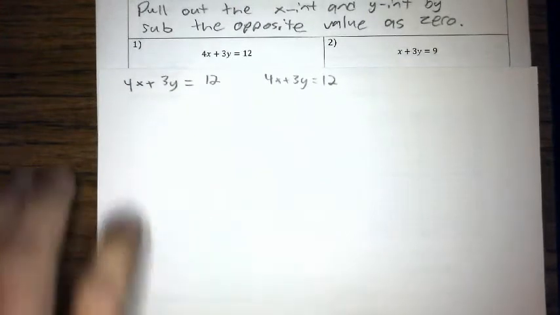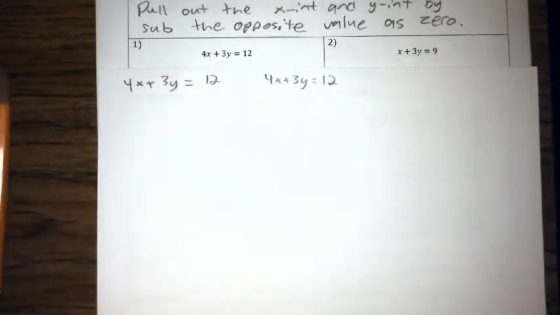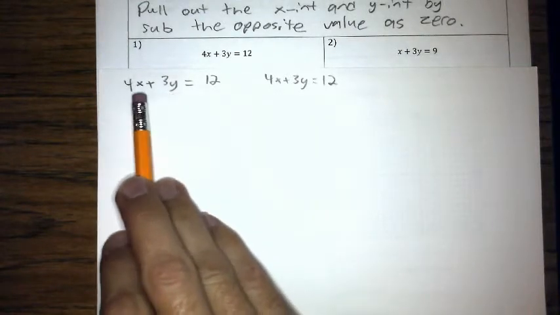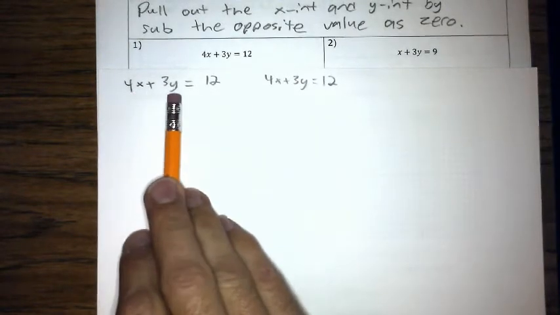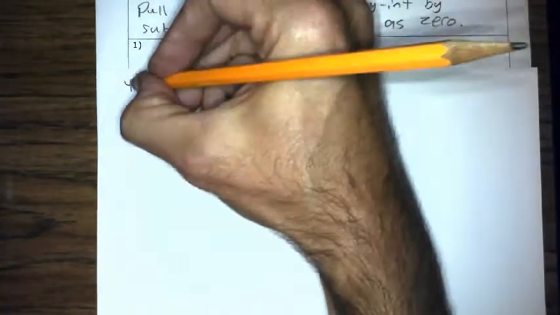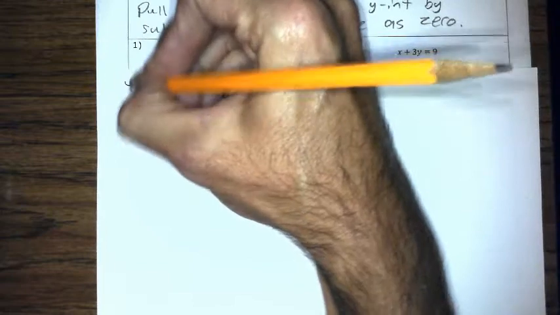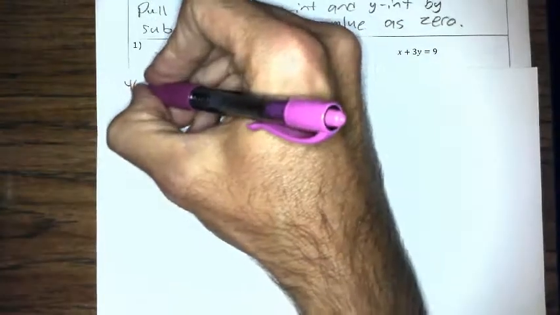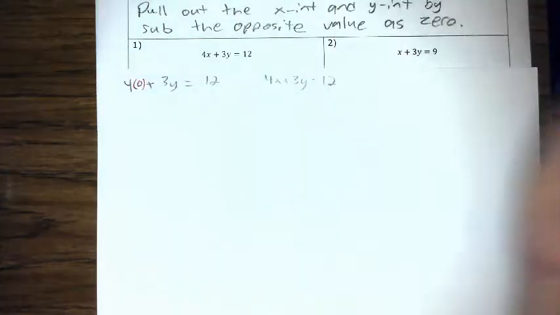Right? So if I want to find, we'll go ahead and find the y-intercept first. If I find the y-intercept, I'm basically going to substitute 0 for the opposite value, which the opposite of y is x. Okay?